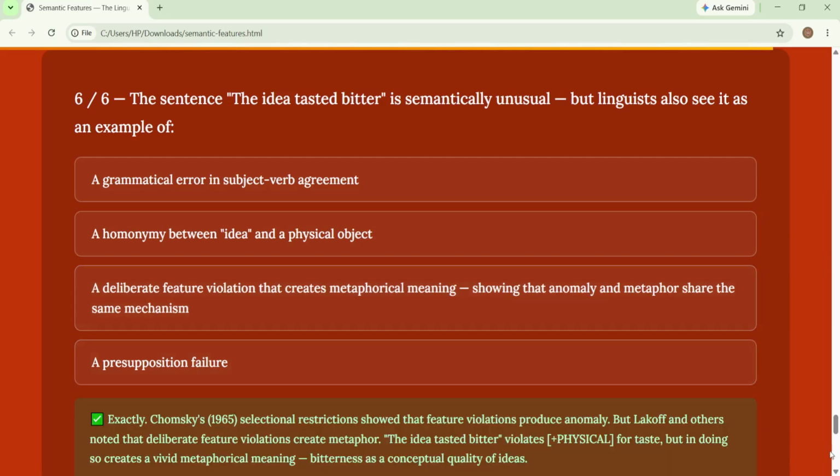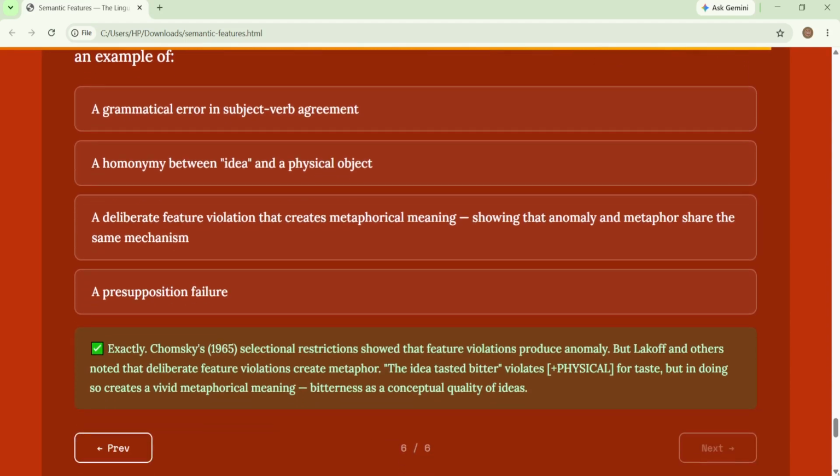Well, that's exactly correct. Chomsky's 1965 selection restriction showed that feature violation produces anomaly, but later work noted that deliberate feature violation creates metaphor. The idea tasted bitter violates the physical requirement for taste, but in doing so creates a vivid metaphorical meaning: bitterness as a conceptual quality of ideas.